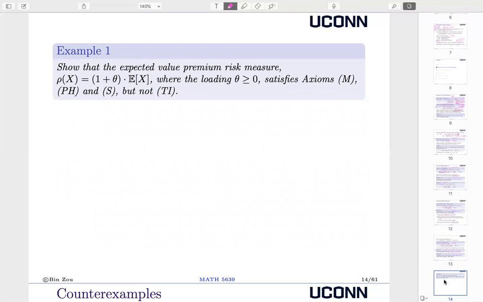Here we have a quick example. By the way, this is something we will learn in a different course called insurance premium principle. Here, what we apply is a factor bigger than 1 to the expectation. We call theta the loading factor. If you take 5, 6, 40, you will learn a little bit more about premiums.